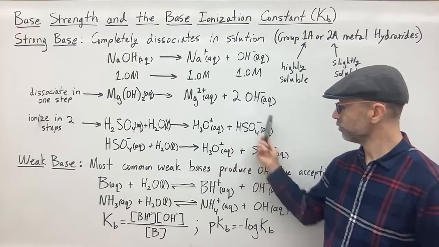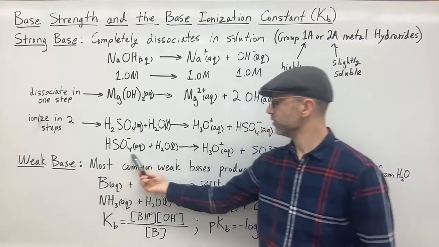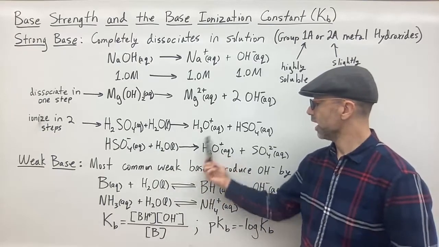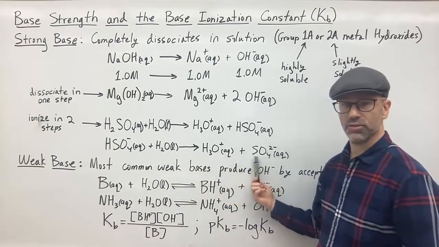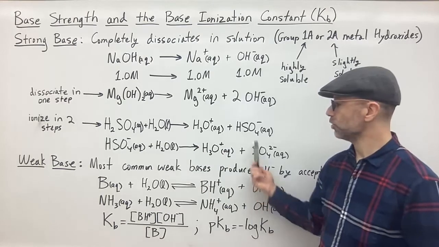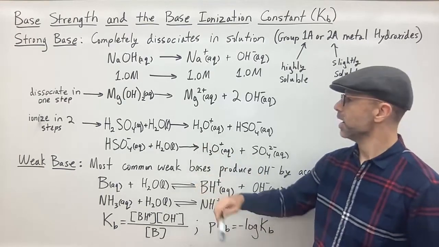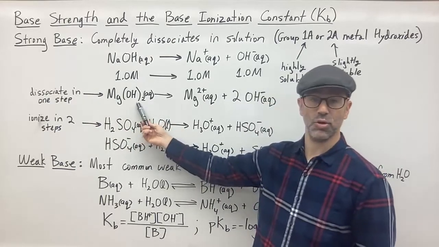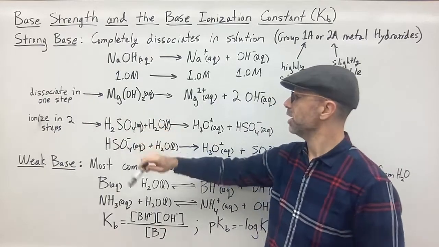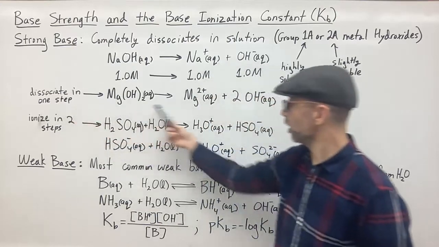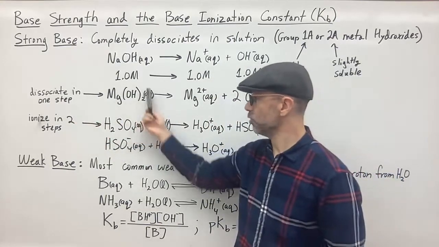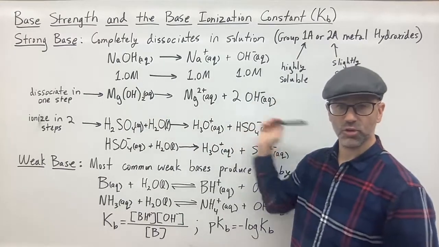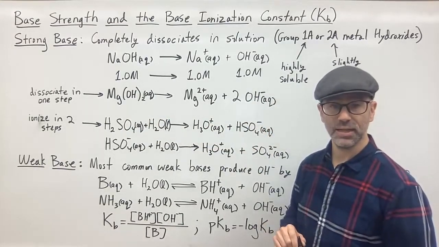Then the HSO4 minus will release a second proton to water, forming another hydronium ion, and you get the sulfate ion left over. So this happens in 2 steps. Whereas strong bases that have 2 hydroxide ions on them are going to just dissociate in 1 complete step. These 2 come off, and you get 2 OH minuses. So no 2 steps needed.